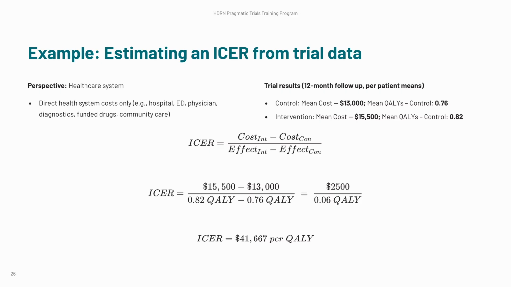Continuing with our example, where we estimated the mean annual cost per patient is $13,000 in the control arm and $15,500 in the intervention arm. We also estimated that the mean quality-adjusted life years were 0.76 in the control arm and 0.82 in the intervention arm.